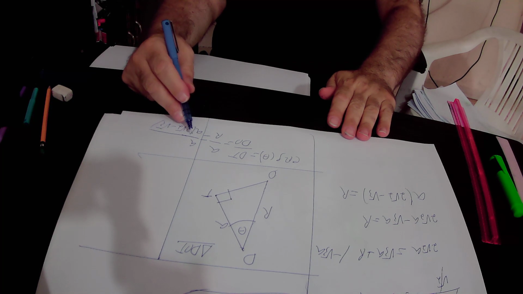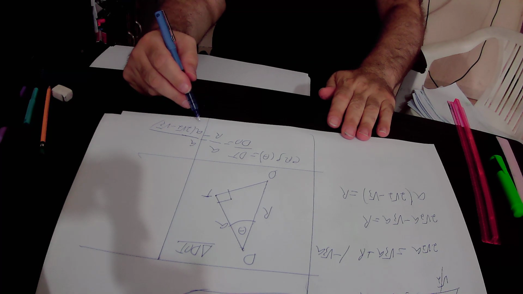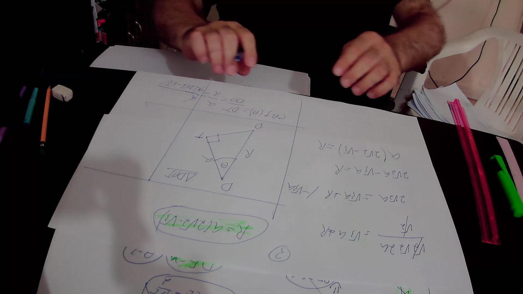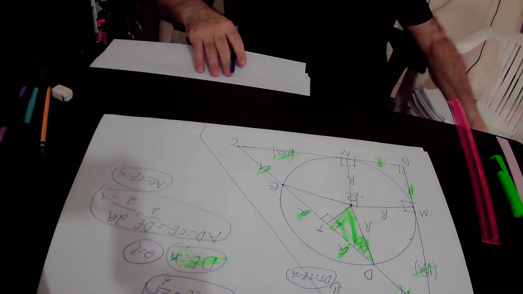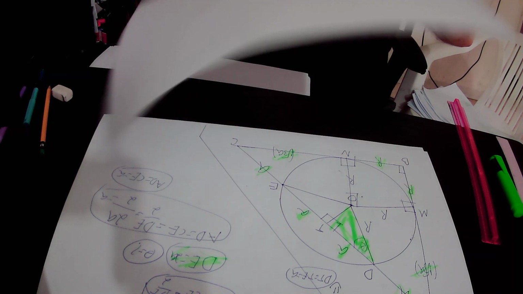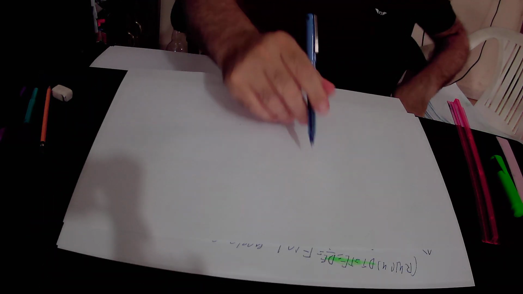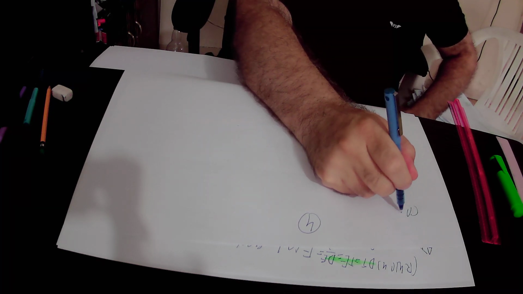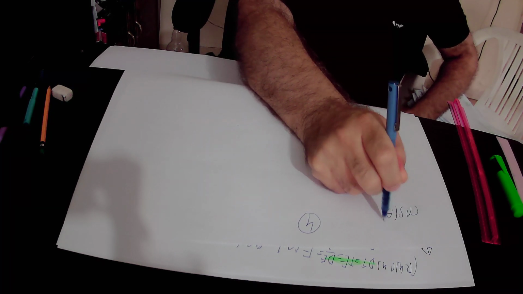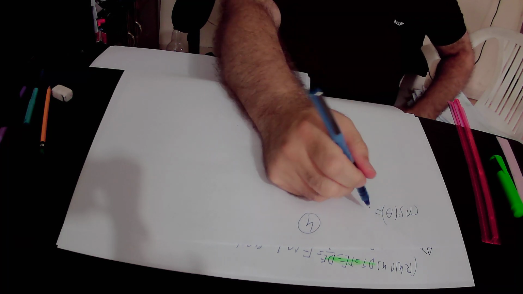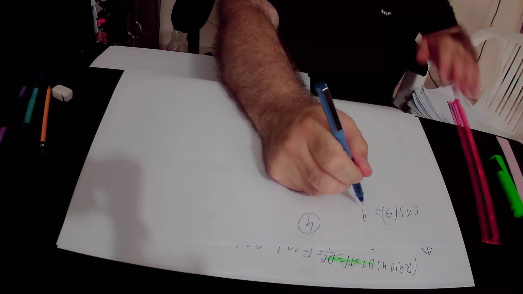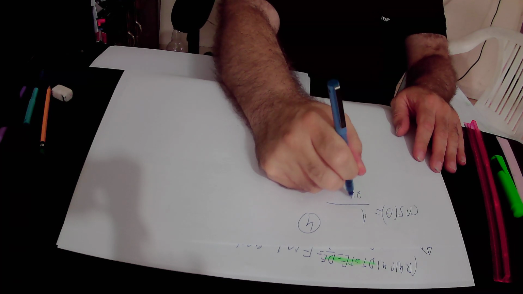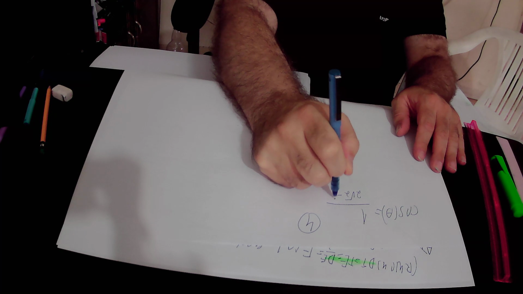Here we have A in the numerator and A in the denominator, so A will get cancelled. And we are left only with cosine theta that is equal to 1 over (2 times square root of 2 minus square root of 3).